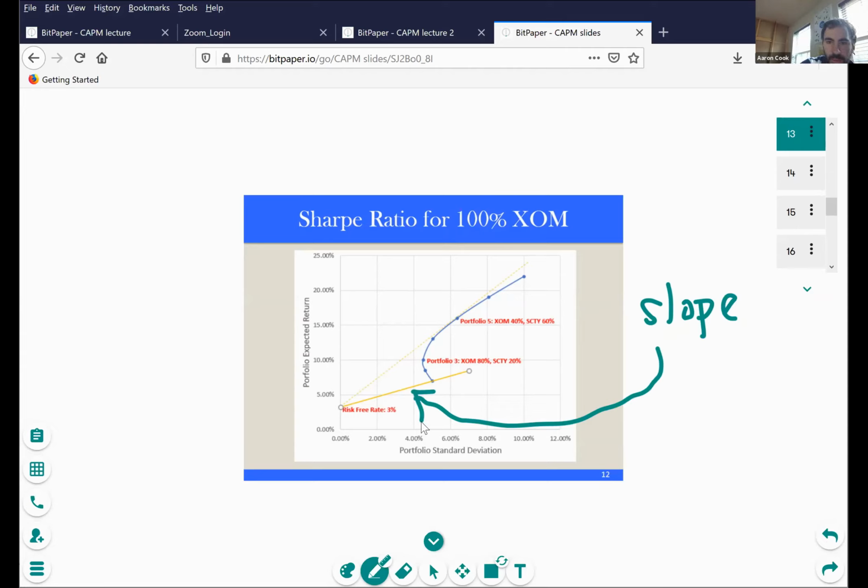The Sharpe ratio for a 100% ExxonMobil portfolio is the slope of that yellow line, which is a shallower slope than the slope of the yellow dotted line, which is the maximum Sharpe ratio. So there's a Sharpe ratio associated with every portfolio, with every combination of these two stocks. But there's only one that will maximize it, and that happens to be this yellow dotted line.